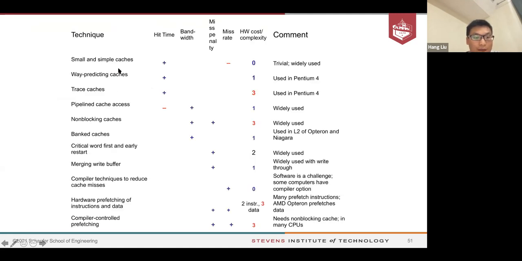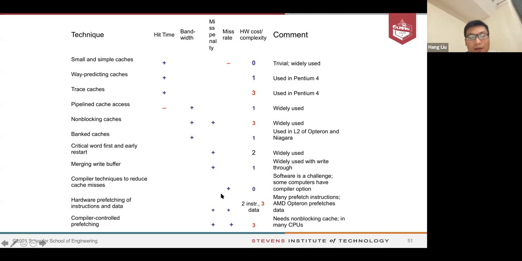So we do have these kinds of techniques covered, right? Small cache, way prediction, trace cache, pipelined cache access, non-blocking cache, banked cache, critical word first and early restart, merging write buffer, compiler techniques to reduce cache misses, hardware prefetching, and software or compiler prefetching. Some improve the hit time, some improve the bandwidth, some reduce the miss penalty.